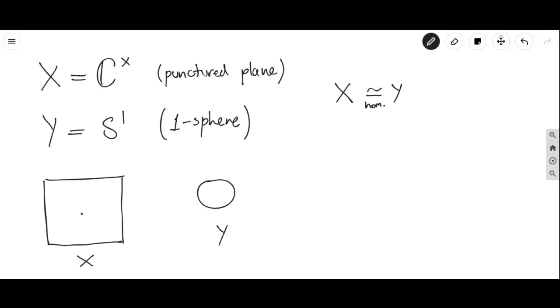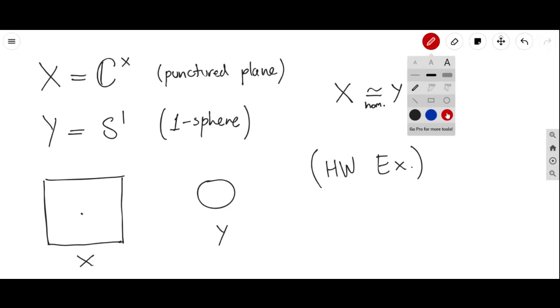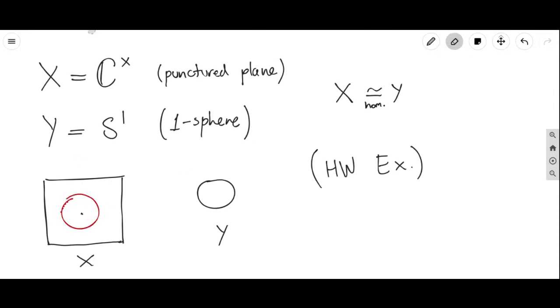I think this should be a good homework exercise to find that homotopy equivalence rigorously. But what I just want to show you is the picture for what's going on. You can draw a circle inside the punctured plane. You redraw that circle as sitting inside the punctured plane.